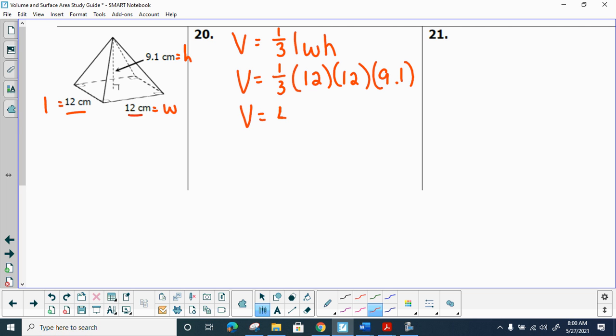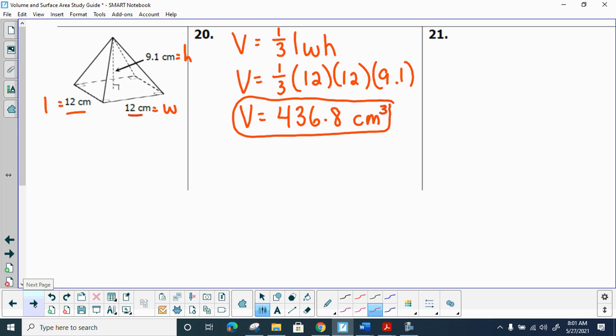We get a volume of 436.8 cubic centimeters. And we're going to skip surface area for now. I just want to hit some of these volume problems.